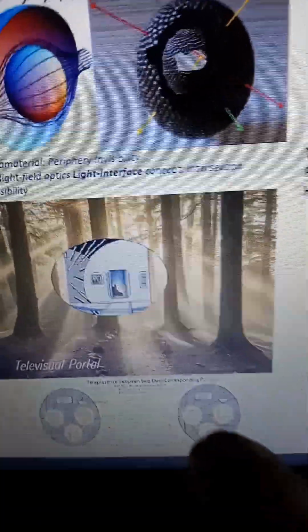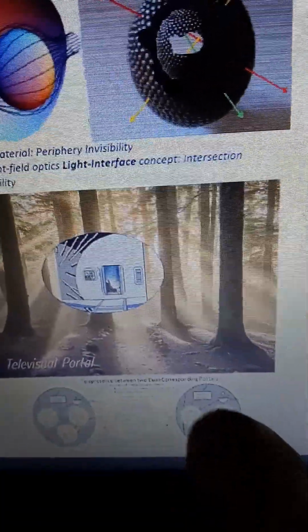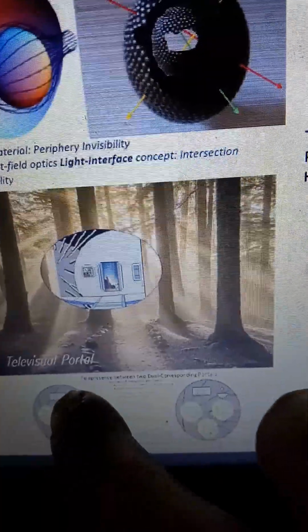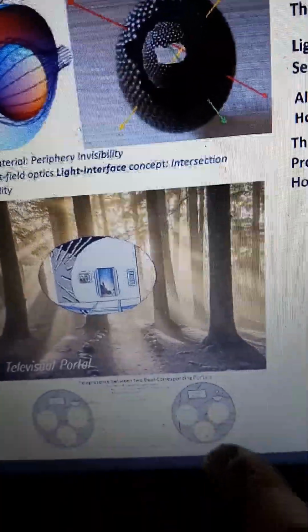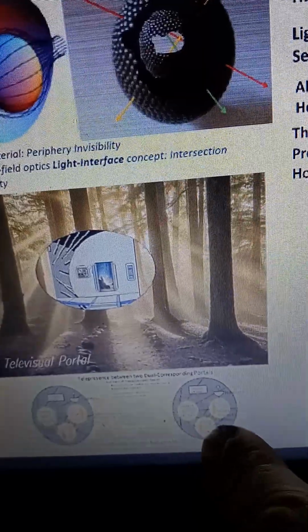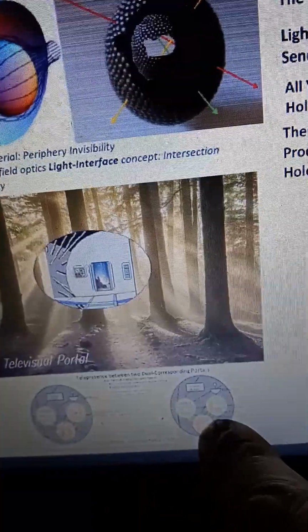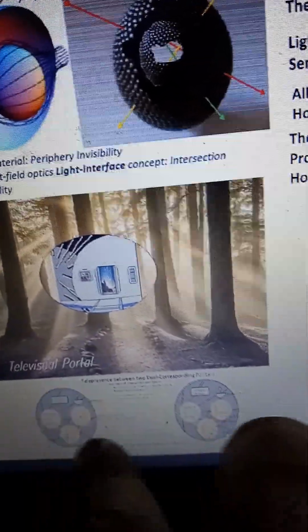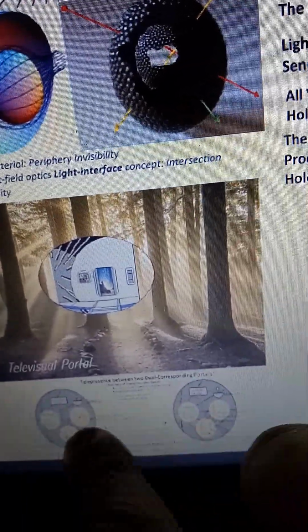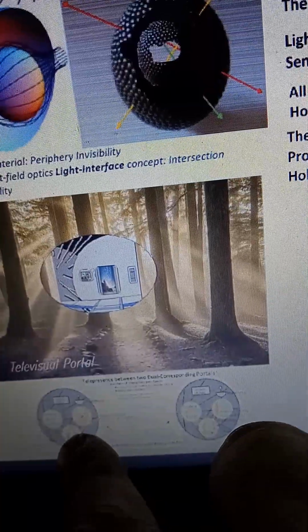And this diagram, I don't know if you can see it too well or not, is of the workings of two televisual portals. And it shows the telepresence of a person inside each other's holodeck. Outside it would be invisible. Interior would be a holodeck.